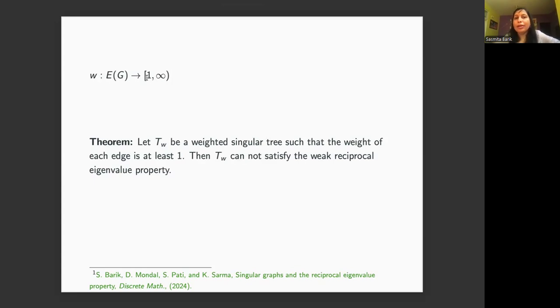In the tree case, if you restrict your weights as greater than or equal to 1, then the weighted tree, which is a singular tree, cannot satisfy the weak reciprocal eigenvalue property. So you don't have any tree.